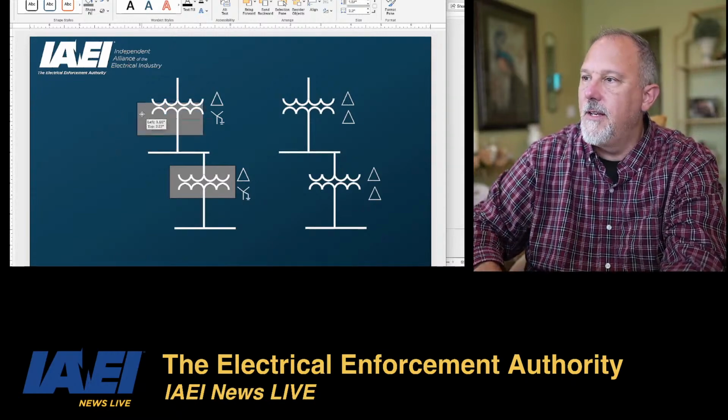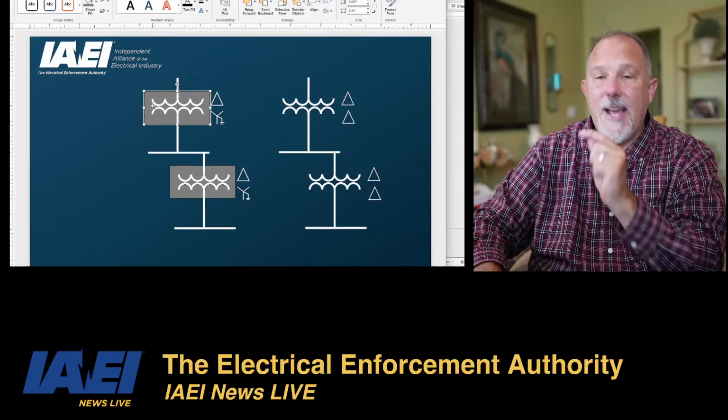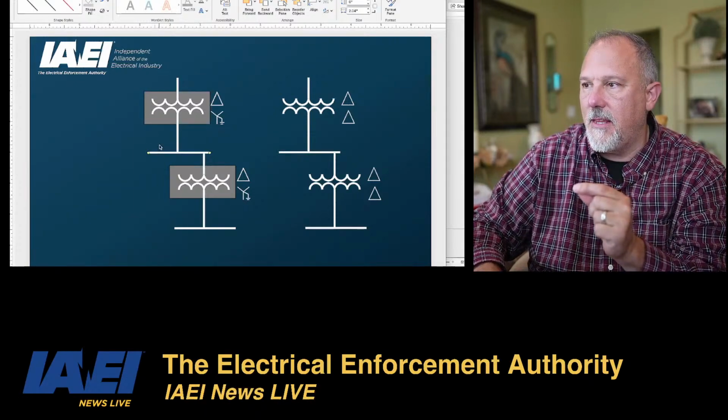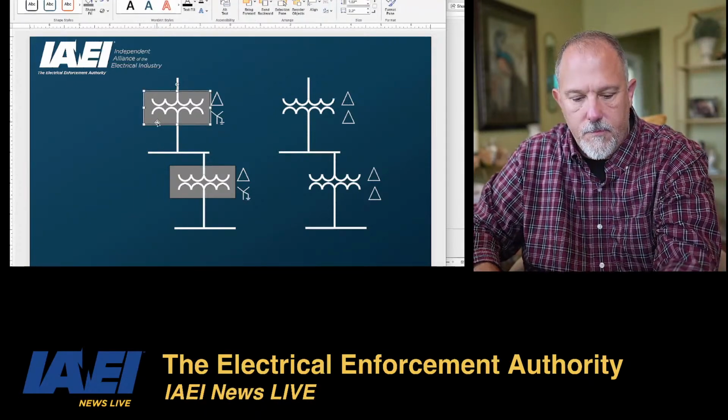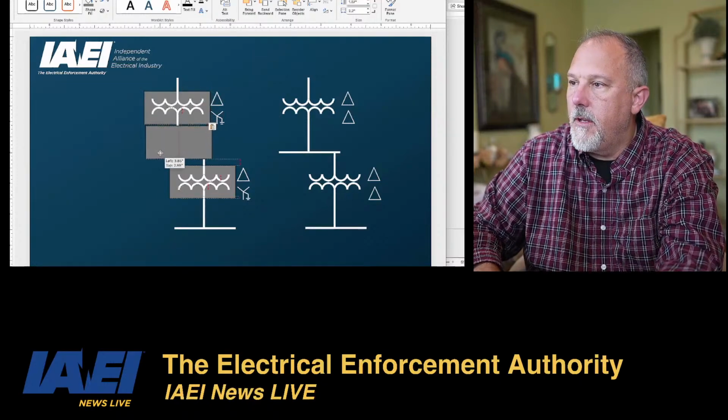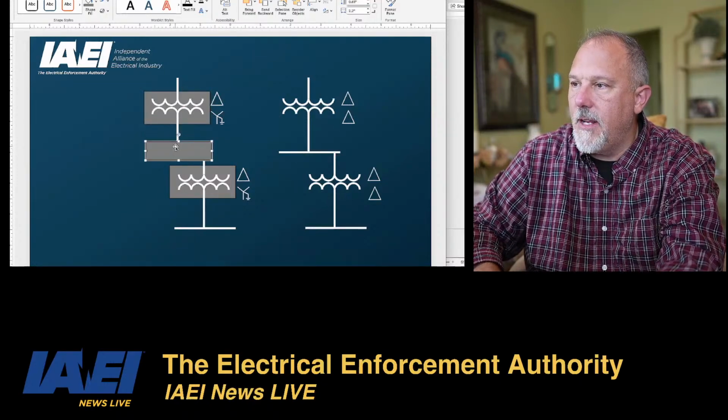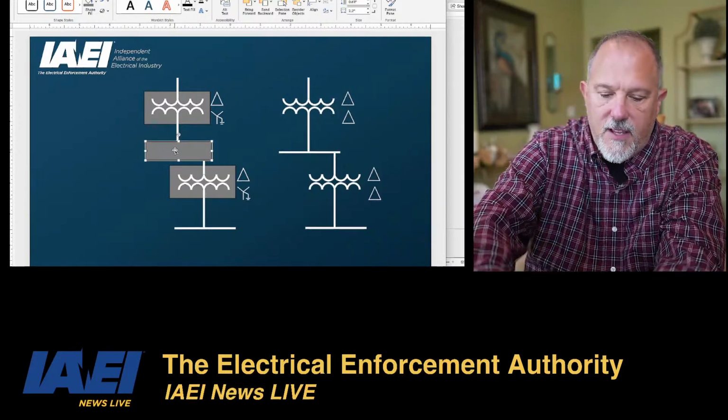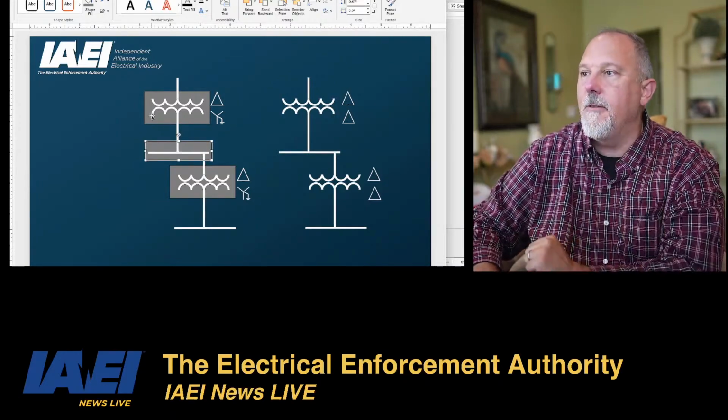B. There it is. All right, so I have those. Now, let's say that this is a panel board, and I'm not showing the breakers, so please forgive me because I'll fill that in later.